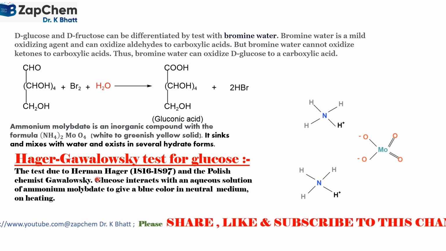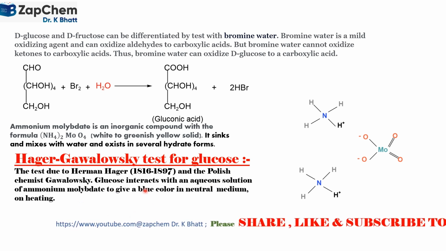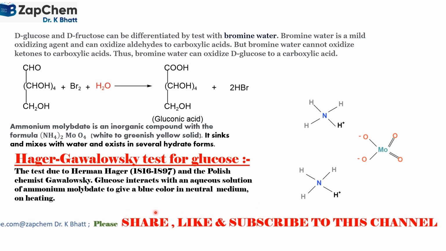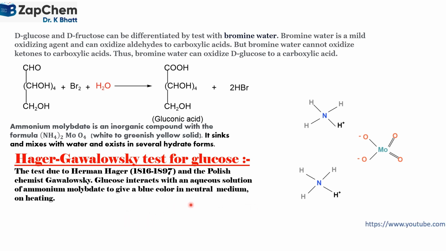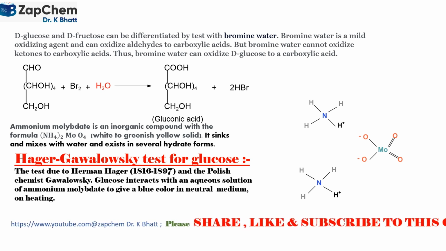The test is known as the Hager-Gablonski test for glucose, named after a Polish chemist. Glucose interacts with an aqueous solution of ammonium molybdate to give a blue color in neutral medium on heating. The medium has to be neutral.